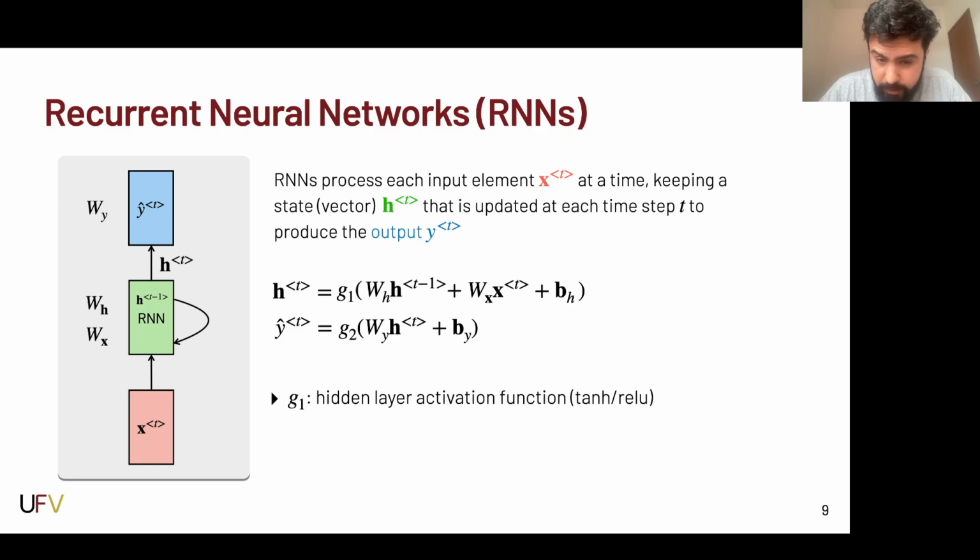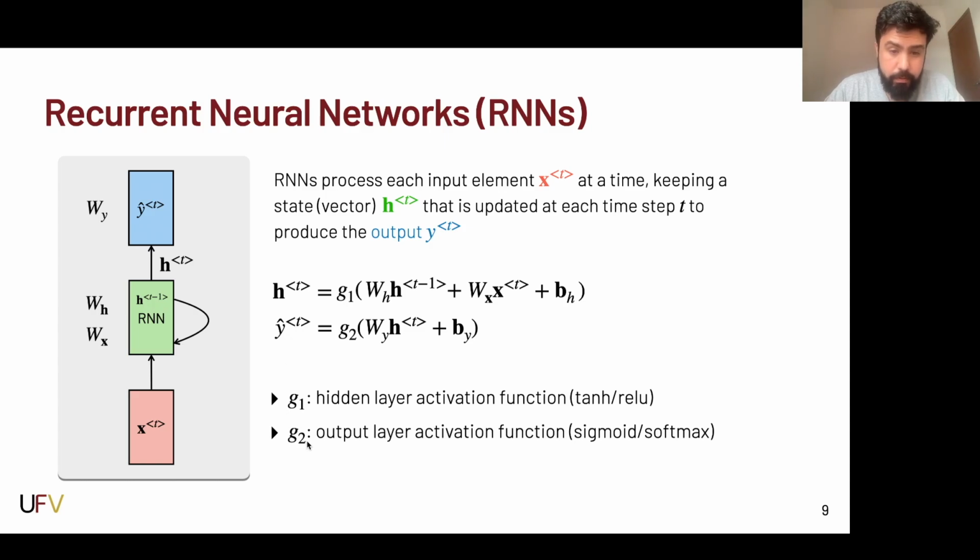So, g_1 is the activation function of the hidden layer, and g_2 is the activation function of the output layer. And in practice, we use tanh or ReLUs for g_1. Historically, tanh is more common. And for the output, then it depends, right? It depends on what problem you have.